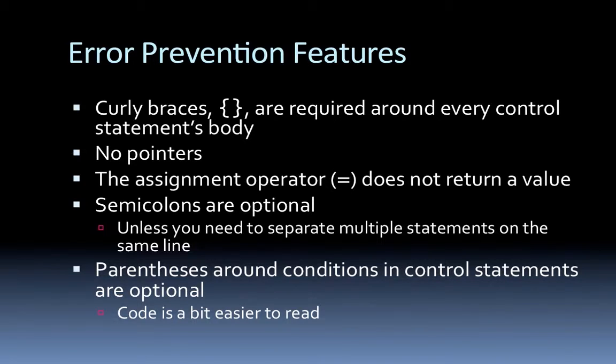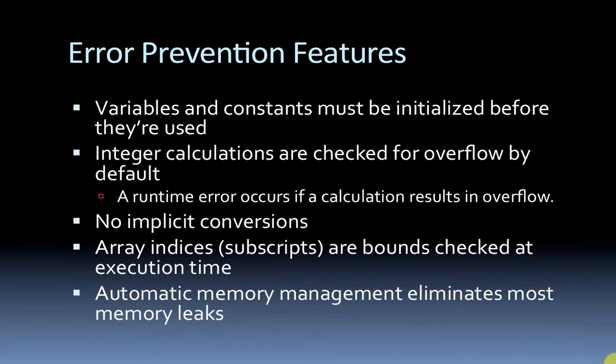Semicolons in Swift are completely optional with one exception, which is that if you want to have multiple statements on one line of code, they must be separated by semicolons. In addition, parentheses around conditions in control statements are optional, and that also has the effect of making your code a little bit easier to read.